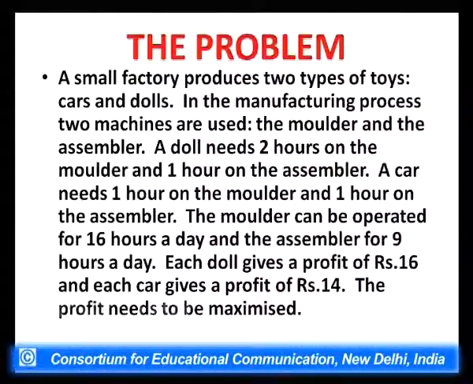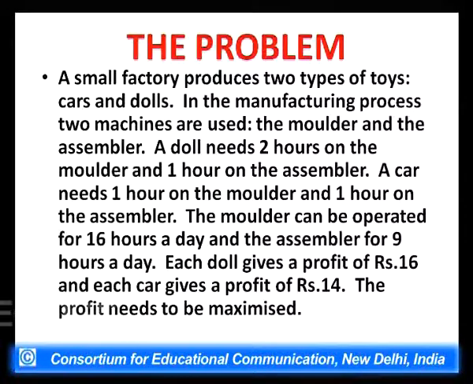The problem is the same. A small factory produces two types of toys, cars and dolls. In the manufacturing process, two machines are used, molder and assembler. A doll needs 2 hours on the molder and 1 hour on the assembler. A car needs 1 hour on the molder and 1 hour on the assembler.